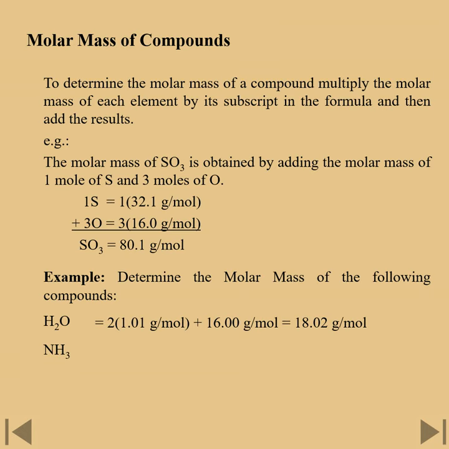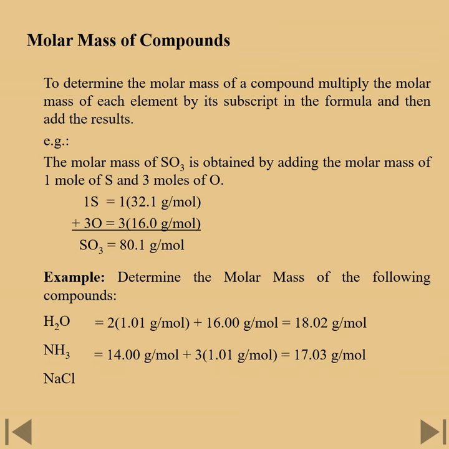For ammonia, NH3, we have 1 nitrogen at 14.00 grams per mole, and 3 hydrogens, each at 1.01 grams per mole, for 17.03 grams per mole. Simply the sum of the atoms that make up your compound.